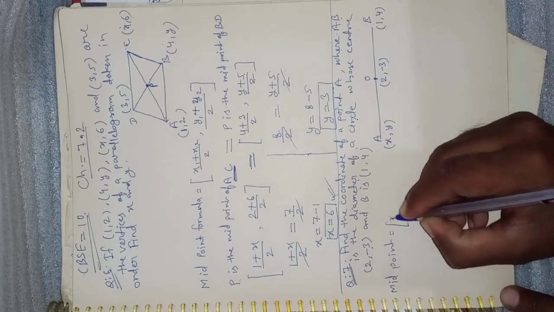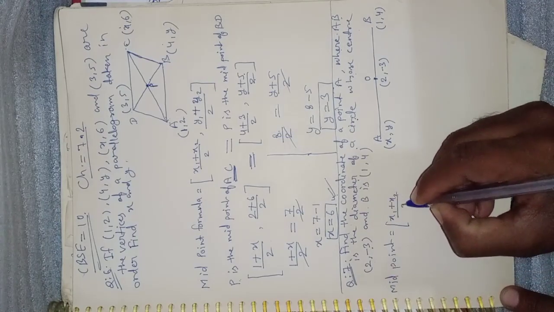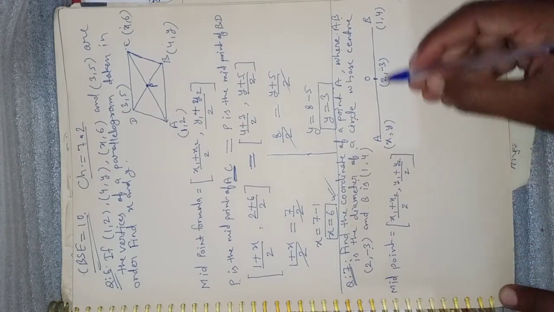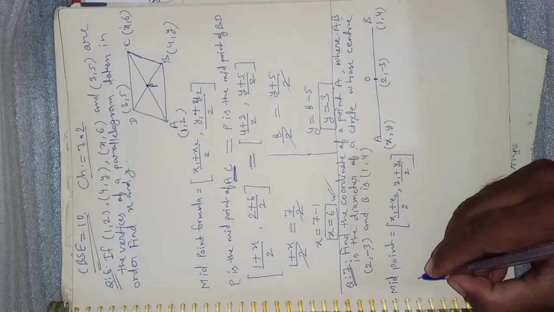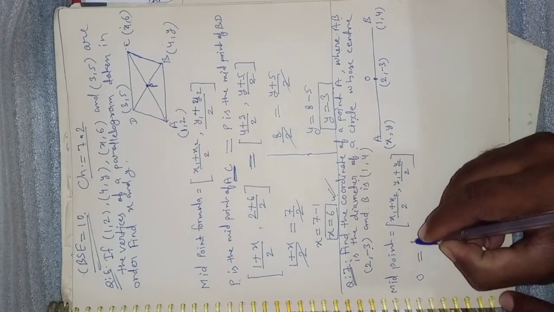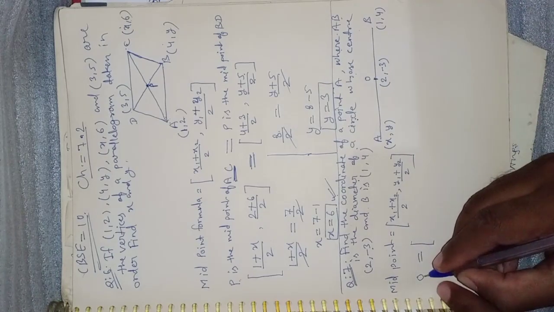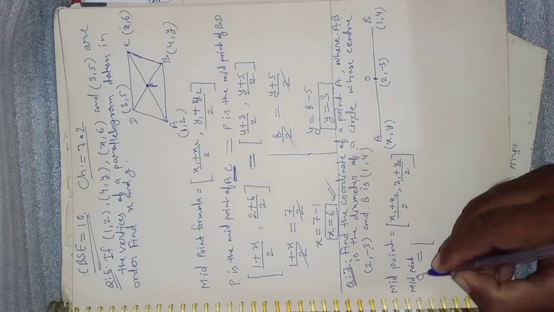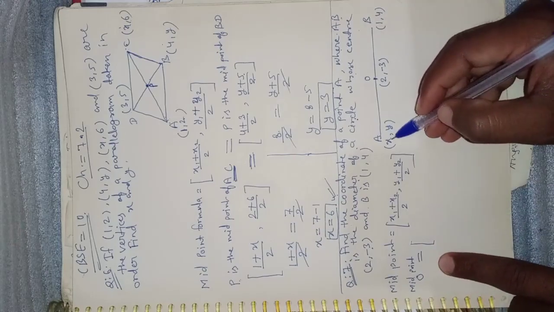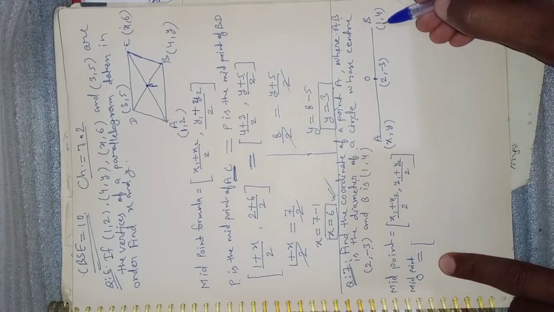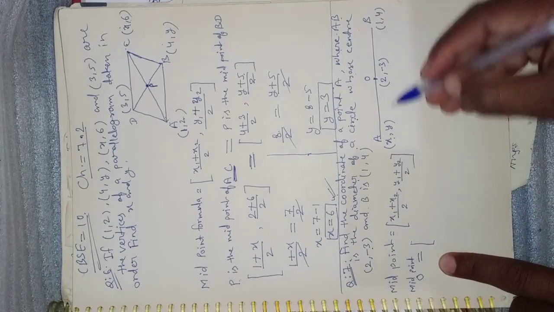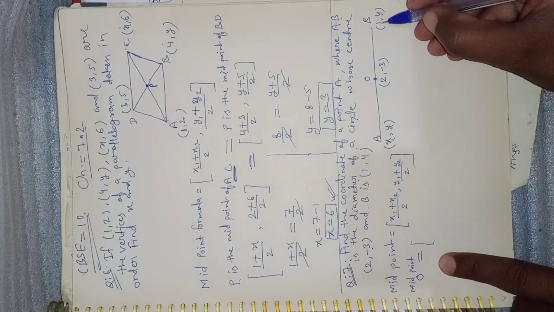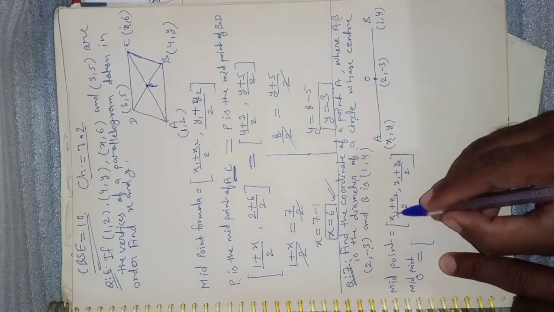Midpoint formula: (x1 plus x2 upon 2, y1 plus y2 upon 2). O is the midpoint of AB.